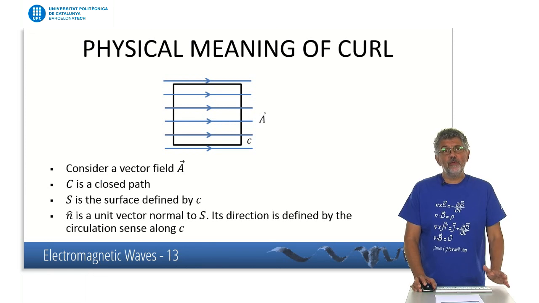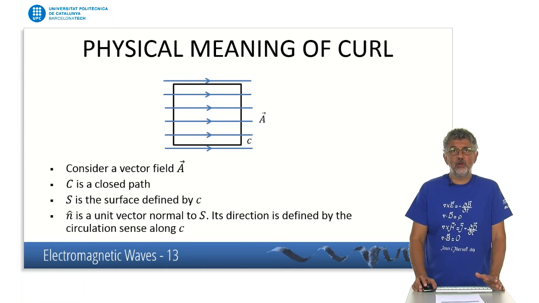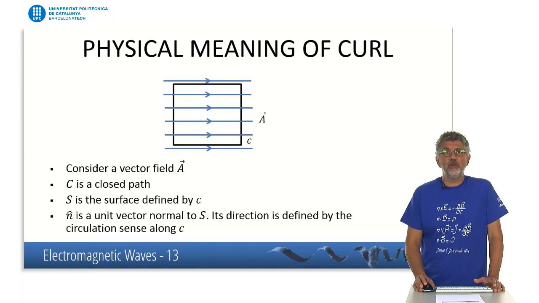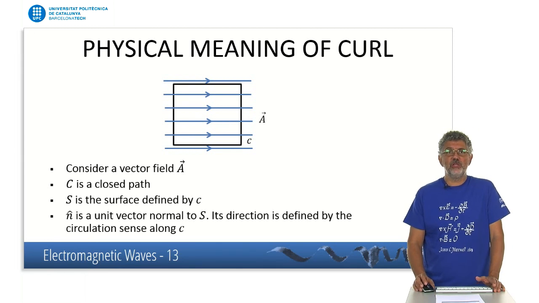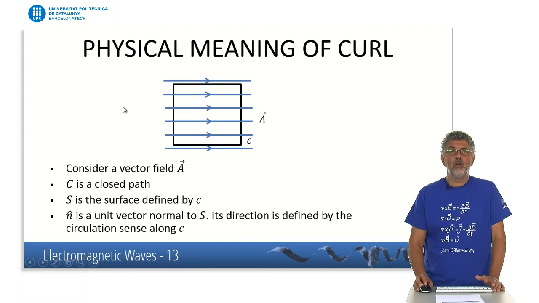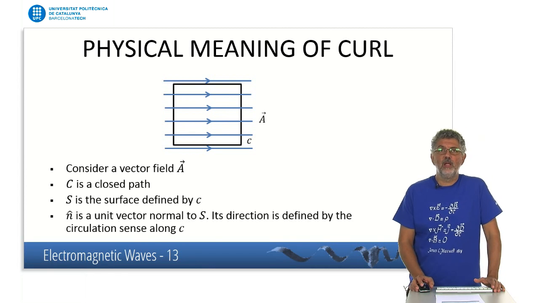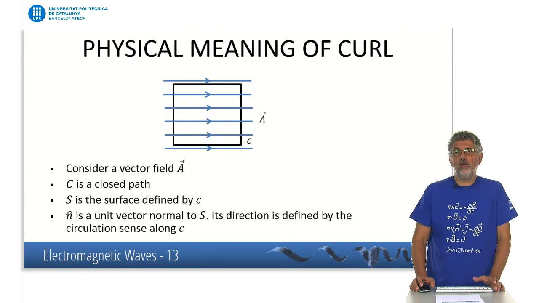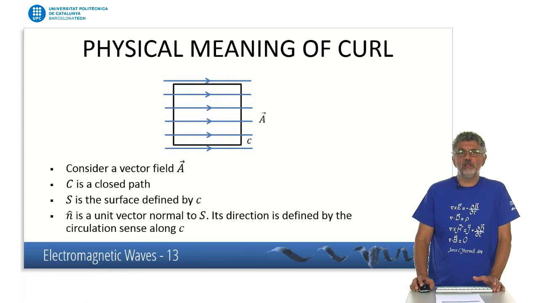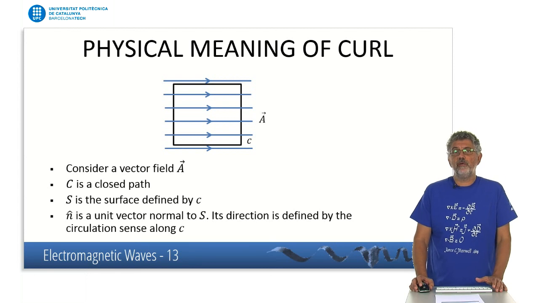If we try to give also some physical meaning of the curl, we'll start with the following situation. We're going to consider also a vector field A. We define a closed path C. S is the surface defined by C, and then N is a unit vector normal to S. The direction of that vector is defined by the circulation sense along C and using the right-hand rule.